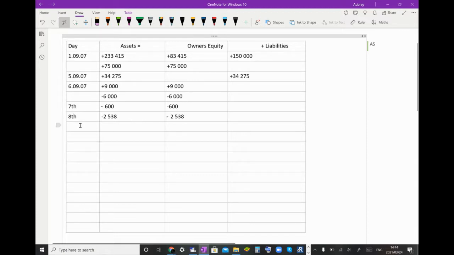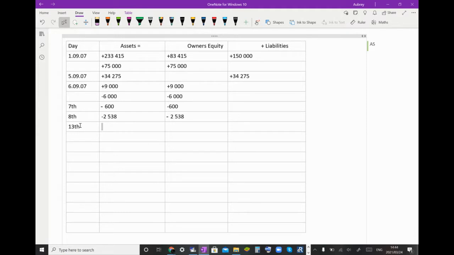Then the next date that we have is the 13th. What happened on the 13th? Let's see. Issued a check for 1,845 to pay water and electricity. So we issued a check, it's the same.